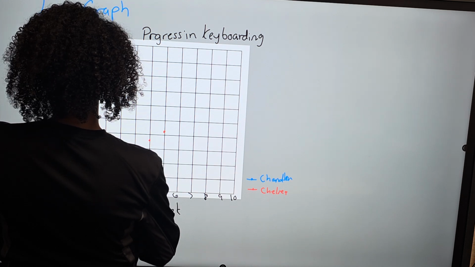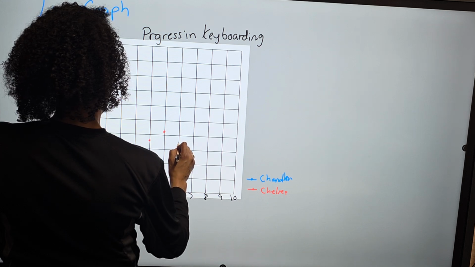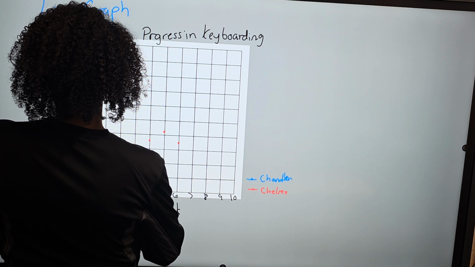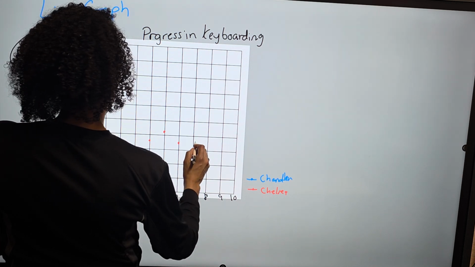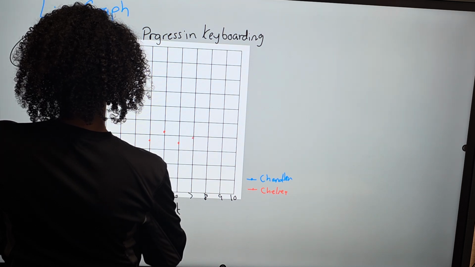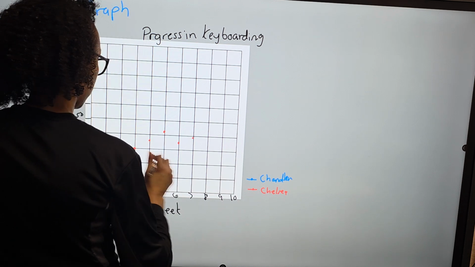And then week 6, dip down to 35. Week 7, just under 40. And then week 8 at 40. And 9 is just above 40.